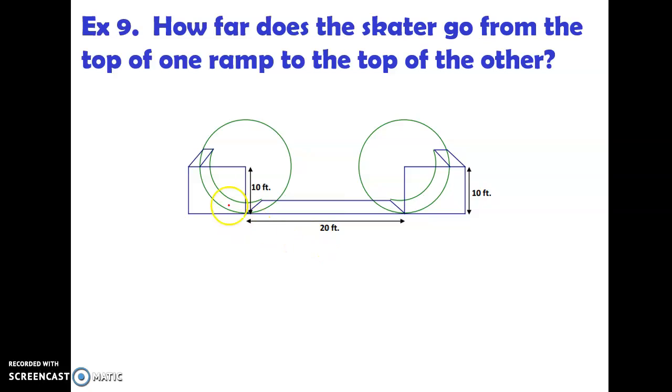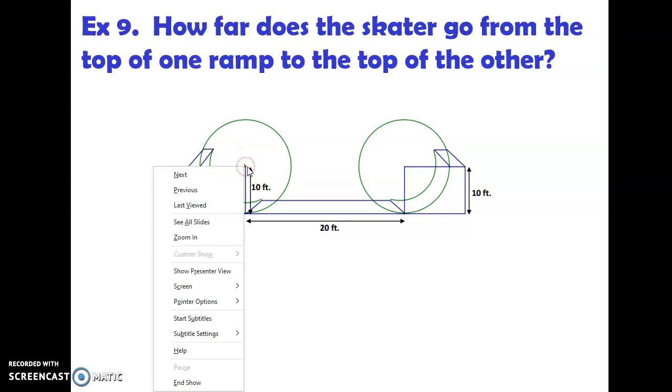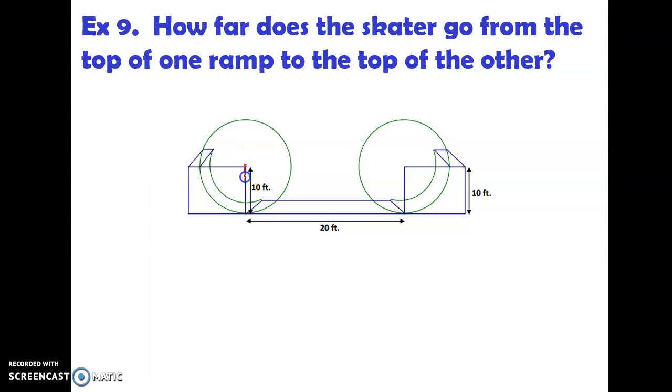But now I have to think about what part of the circle he is traveling. This is my center of my circle to the edge of my circle, which makes my radius equal to 10. Now, this is a right angle, so my theta equals 90.